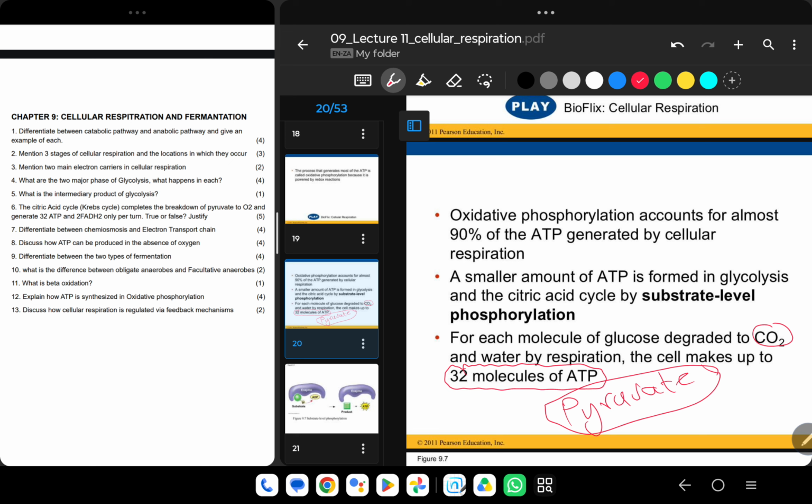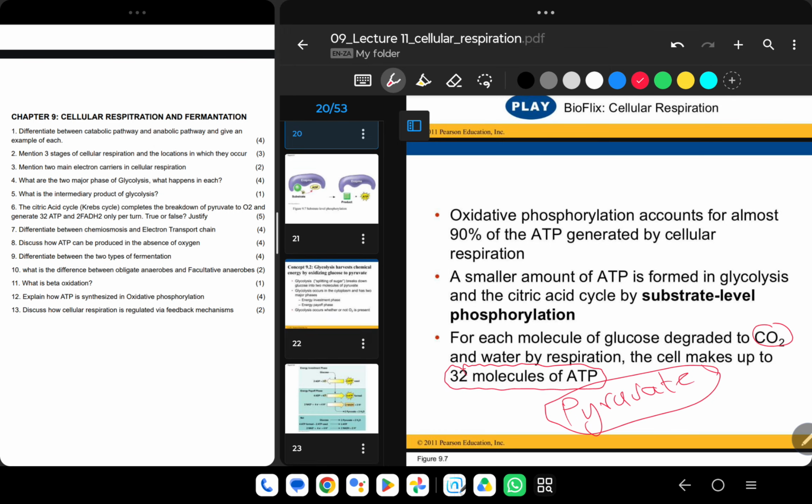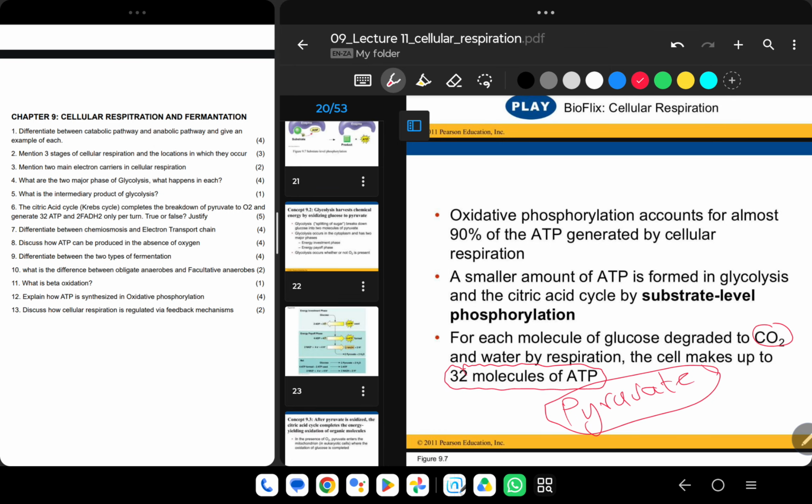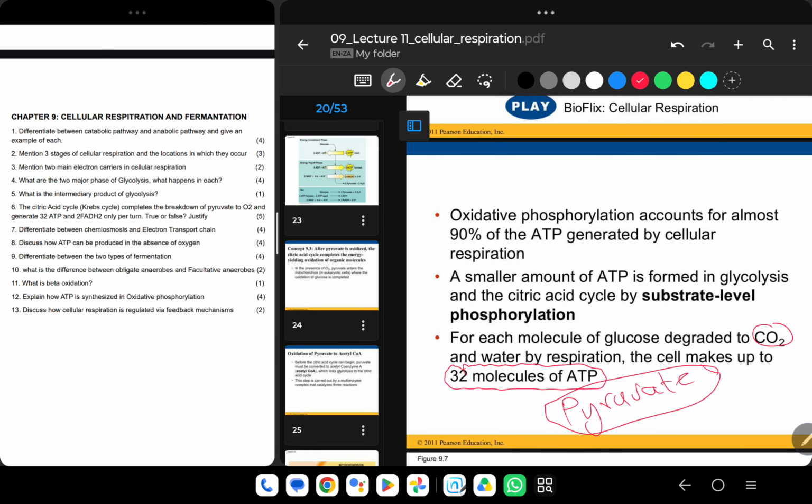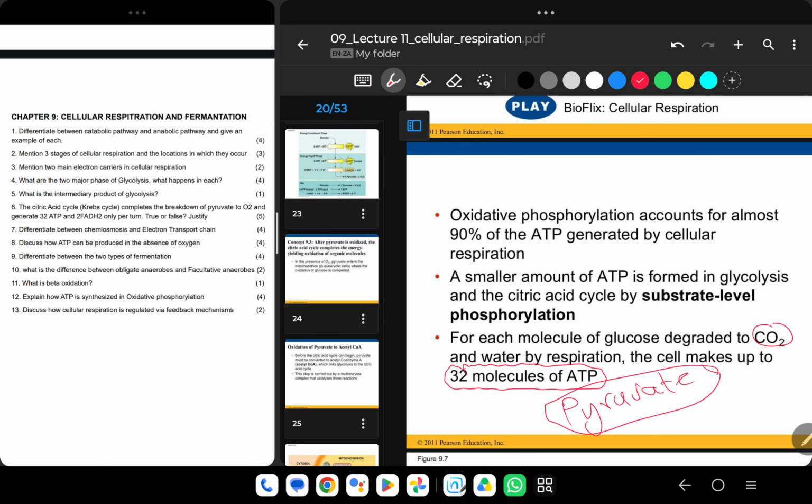Number 6 says the citric acid cycle, which we haven't spoken about as yet. It says the citric acid cycle completes the breakdown of pyruvate to oxygen and generates 2 ATP and 2 FADH2 only per turn.